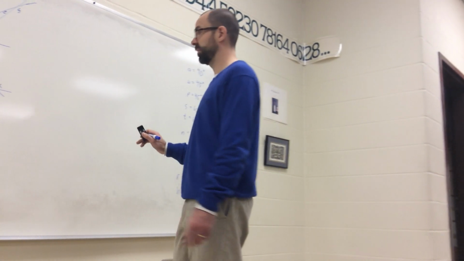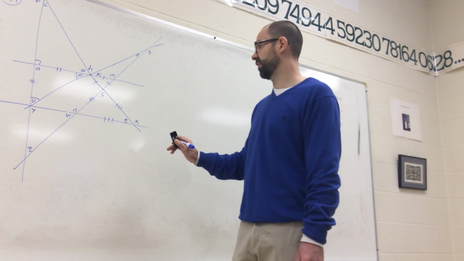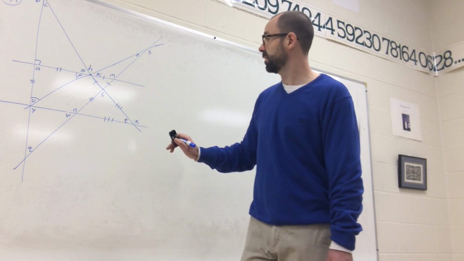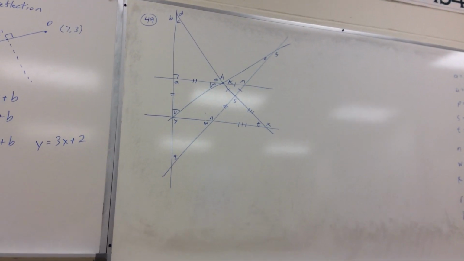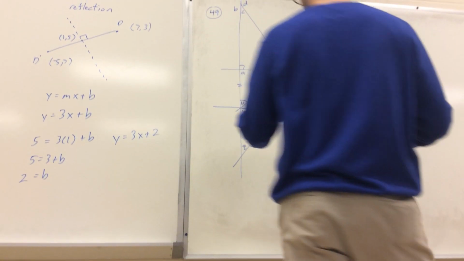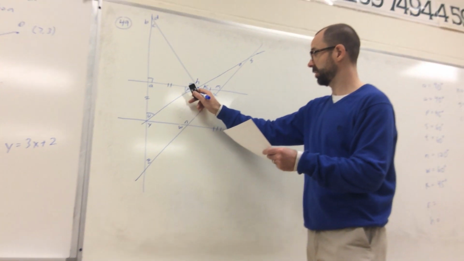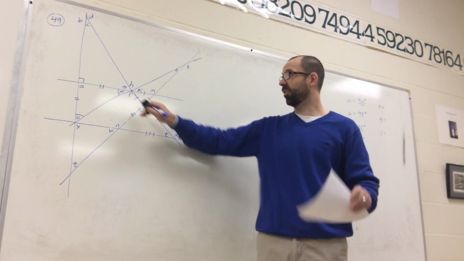All right, let's go for R next. Where's R? Maybe I don't even have it on this picture. So right here, good. All right, so how can we figure out R?